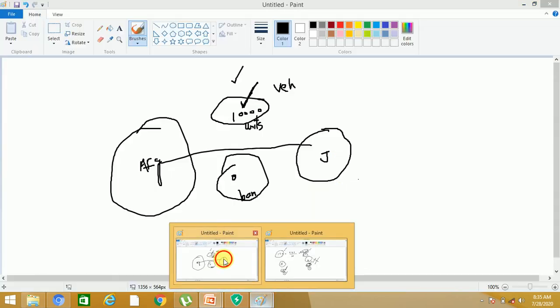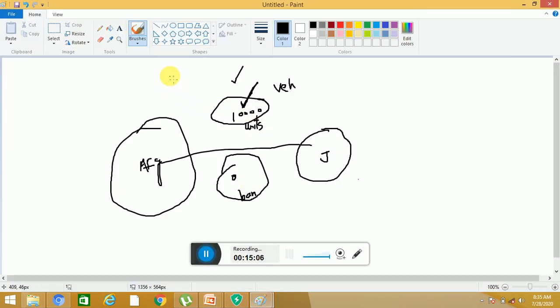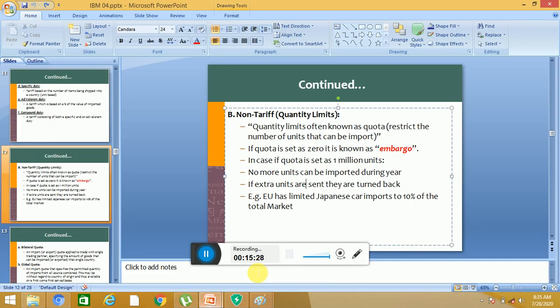So this quota will be for a specific period of time, 1 year. If 1 million goods are imported to Afghanistan, no more units will be imported. If extra units are sent, they are turned back. We return these units.